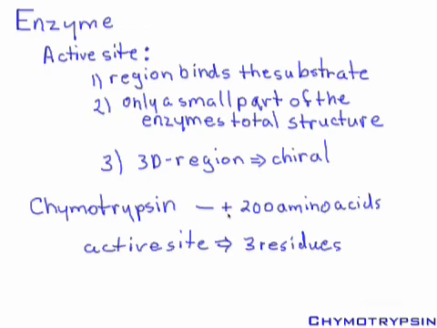Now, remember, chymotrypsin is one of the most studied of enzymes, and so we're going to draw, if you like, a reaction path which explains how chymotrypsin works. One of the things you need to note is that we're not going to draw all 200 amino acid residues. We're going to focus on only the 3 that are active.